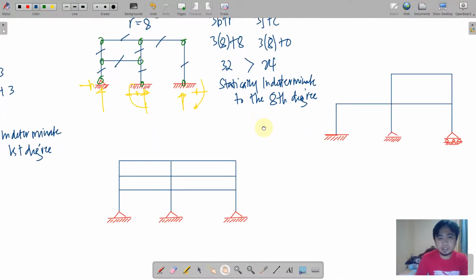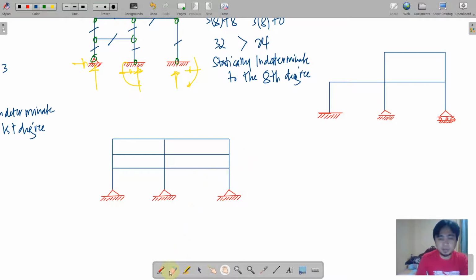Okay, so let us have another one. So we're going to count again the number of bars. 3, 4, 5, 6, 7, 8, 9, 10, 11, 12, 13, 14, 15. So this should be B, the number of bars.